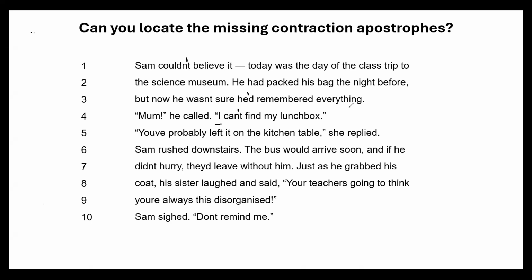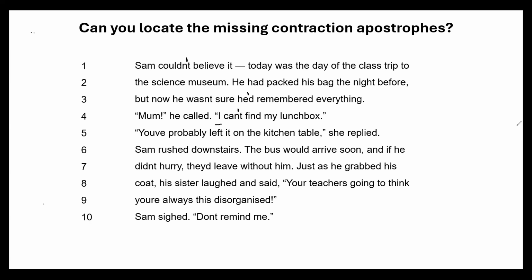And Arlo, what would that say had it not been contracted? He had. Yeah, very good. That's a tricky one because it could be maybe he would, he had. So you've read for context and you know the answer. That's really, really good. Perfect. But now he wasn't sure. He'd remembered everything. He had remembered everything. Fantastic. Well done.